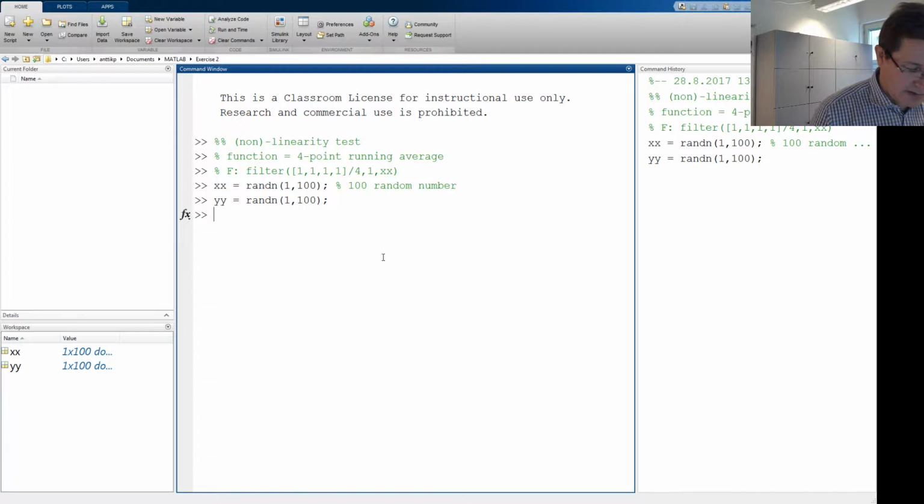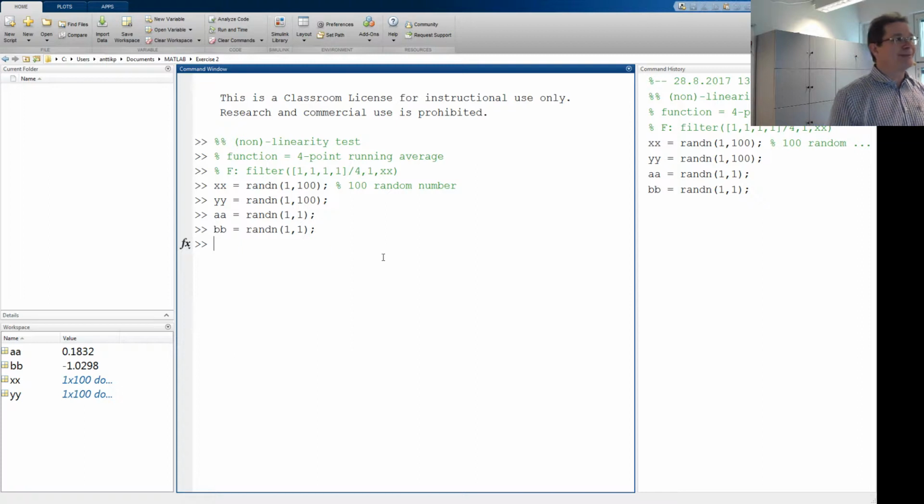Then we take A and B as random numbers too, but each is just one random number. Now those are randomly picked, which doesn't guarantee anything other than that we are trying this equation with two different data sets and two different values. But anyways, it's supposed to give us 0 as a difference between those two results.